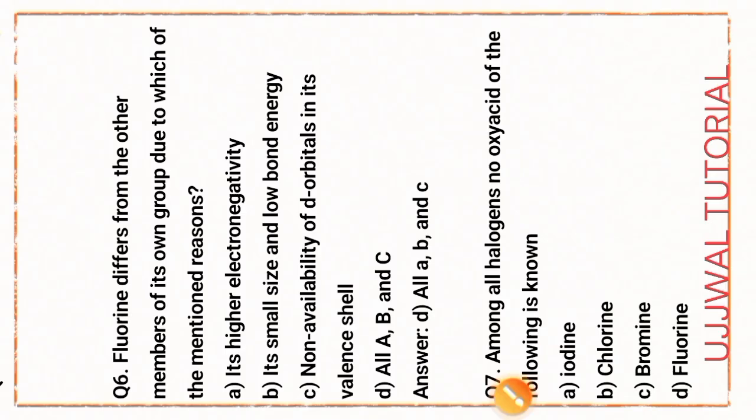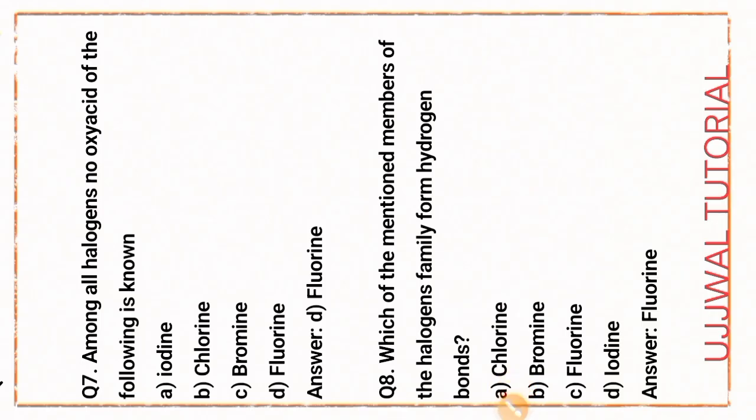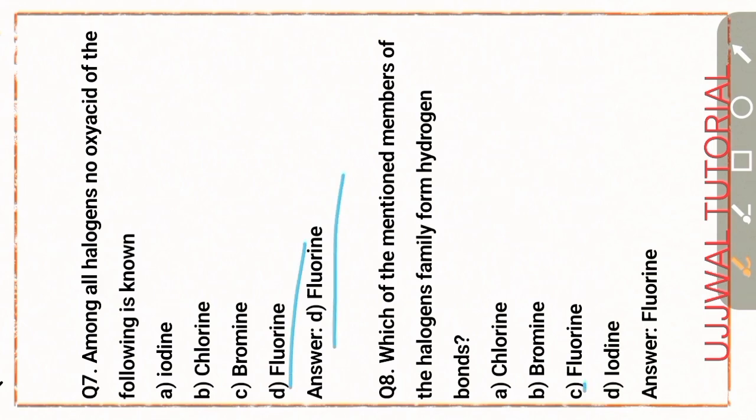Next, question number 7. Among all the halogens, no oxyacid is known for which of the following? Fluorine. Option D is the right answer. Next, question number 8. Which of the mentioned members of the halogen family forms hydrogen bonds?